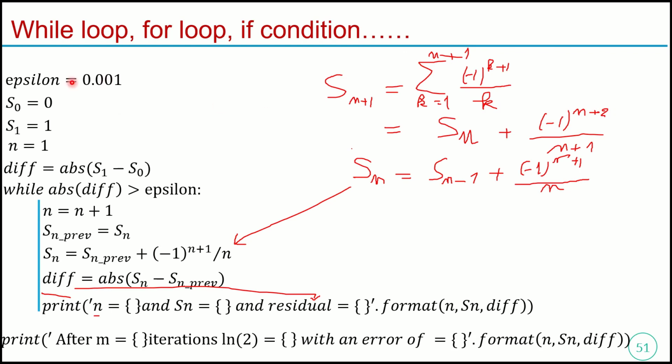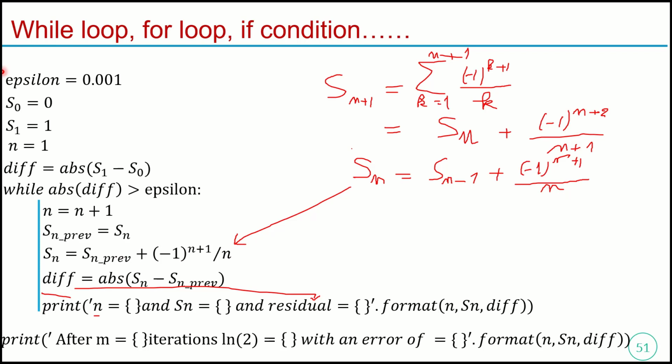I define my series like this: S_{n+1} is equal to the sum of k going from 1 to n+1 of (-1)^(k+1) divided by k, or which is, if you expand this, equal to S_n plus (-1)^(n+2) divided by n+1. Or you can write also that S_n is equal to S_{n-1} plus (-1)^(n+1) divided by n, which is used there.